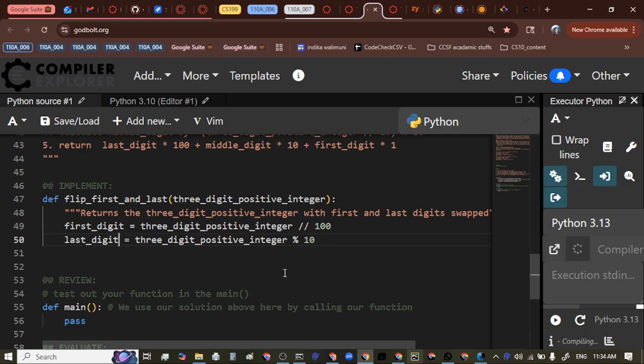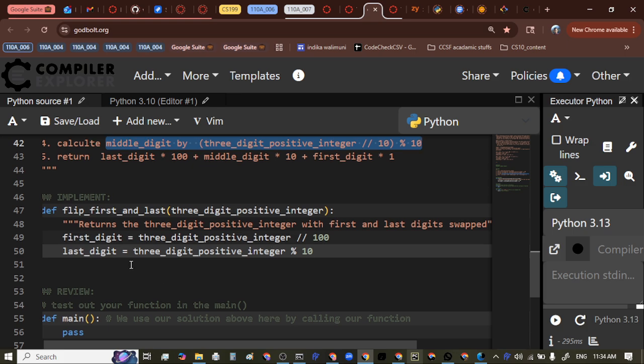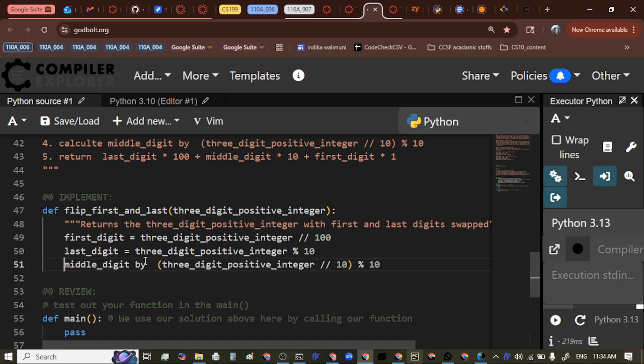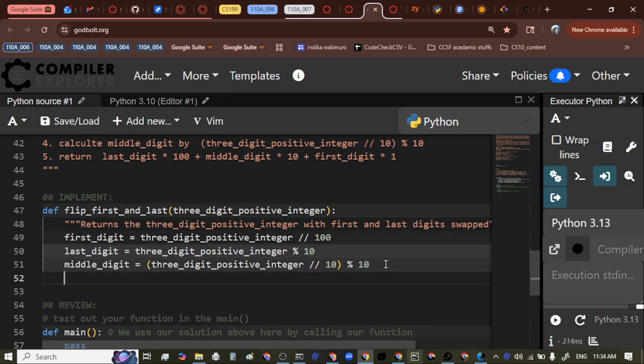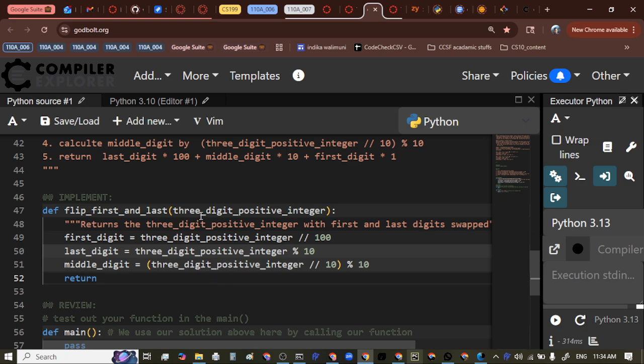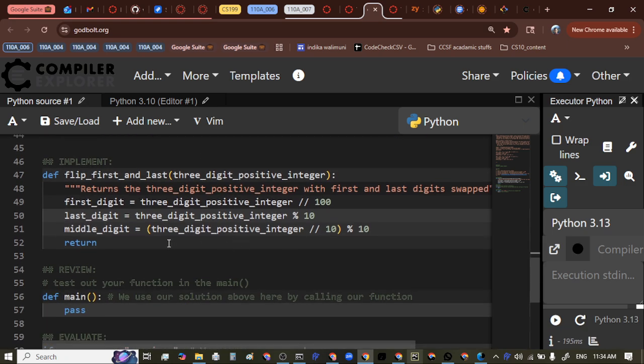And then step 4, middle digit, and equals this, and then we return this whole thing.